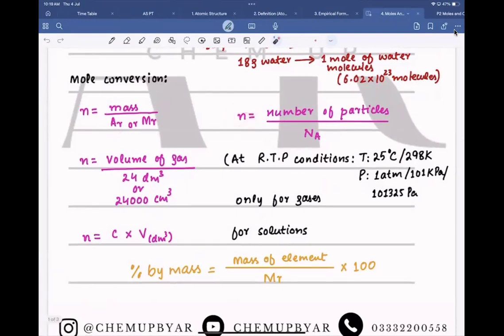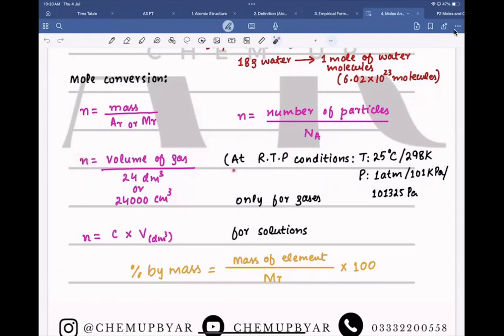If I am provided with the volume of a gas, if that volume is in decimeter cube, I divide it by 24 decimeter cube, and I will get the number of moles. If I get the volume of a gas in centimeter cube, I divide it by 24,000 centimeter cube, then I will get 1 mole. Okay.